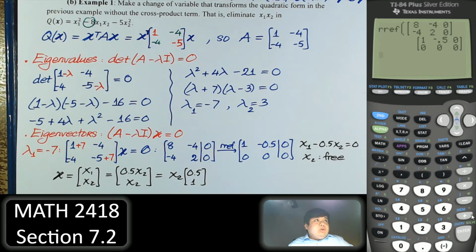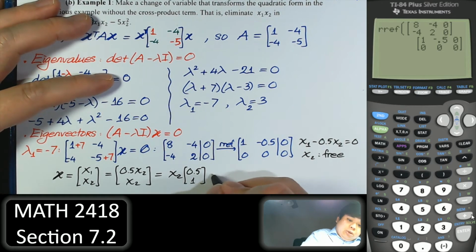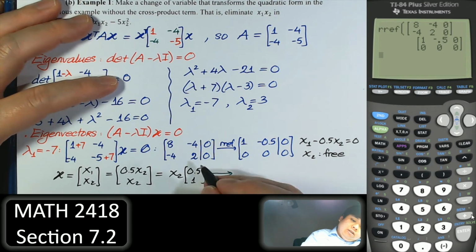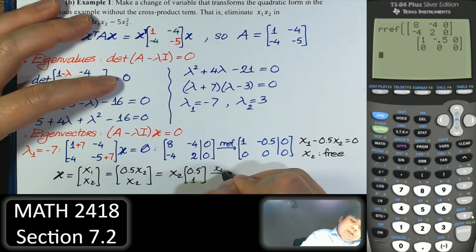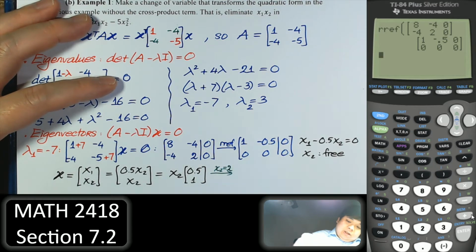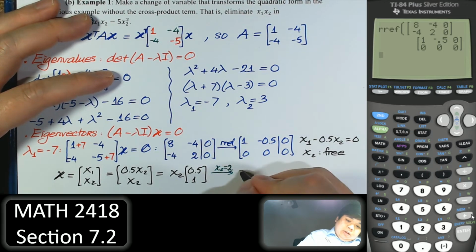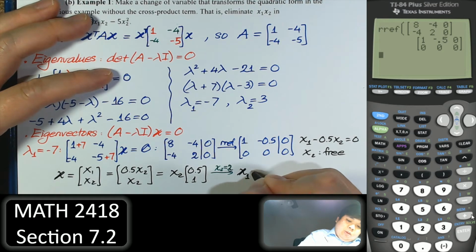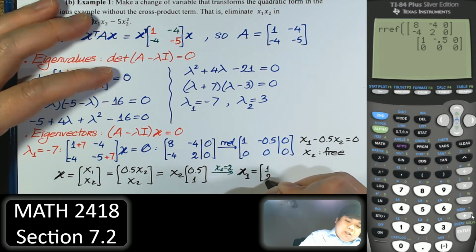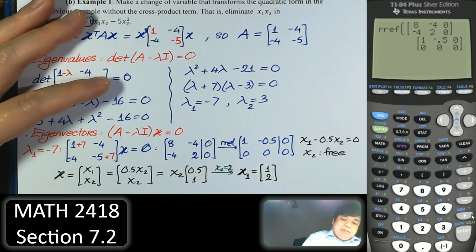Here we just choose x2 to be 2, so we don't have to deal with fractions. So we have the eigenvector for negative 7: 2 times 0.5 is 1, 2 times 1 is 2, so 1 and 2.